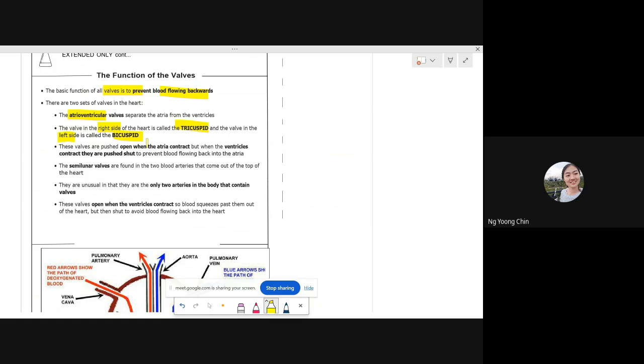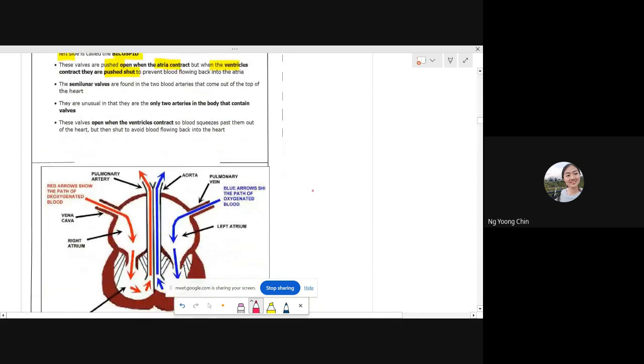These valves are pushed open when the atria contract but the ventricles relax. When the ventricle contracts, they will be closed to prevent the blood from flowing backwards to the atria.